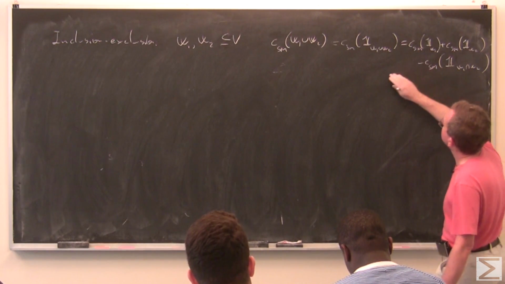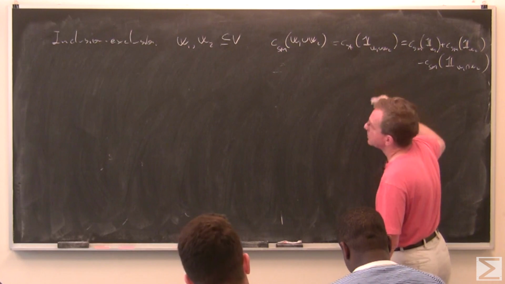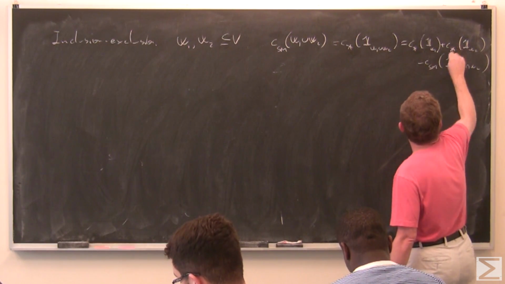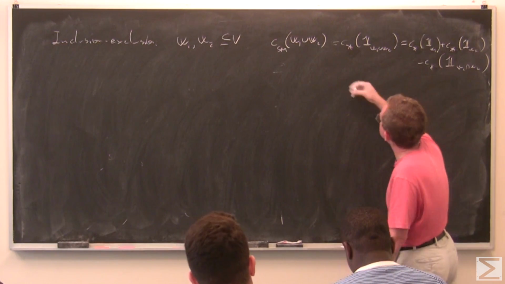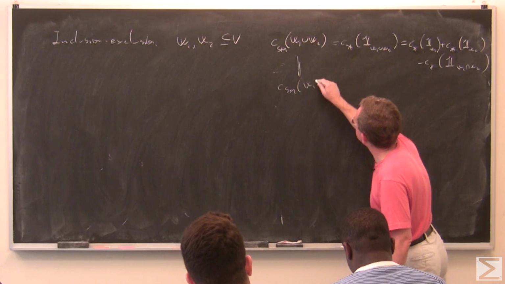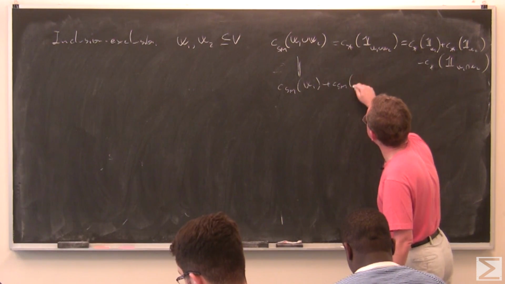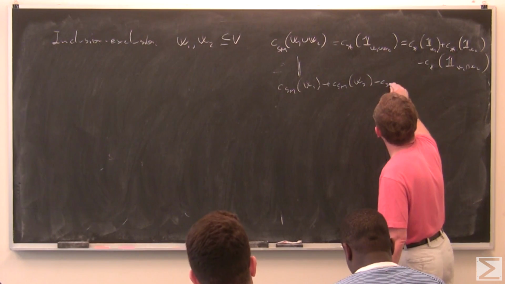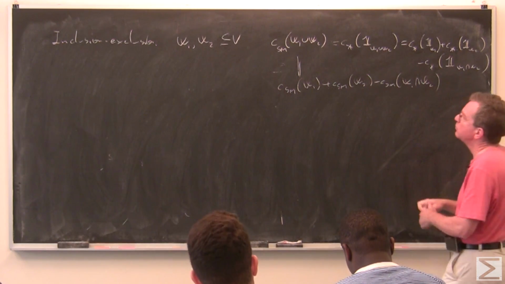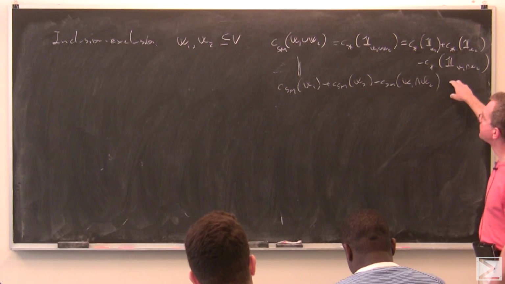Sorry, I'm not using my notation very consistently. It's not important, but the end result is that this is indeed CSM of W1 plus CSM of W2 minus CSM of W1 intersection W2 once you push forward these classes to V, which is what I'm doing implicitly over there.